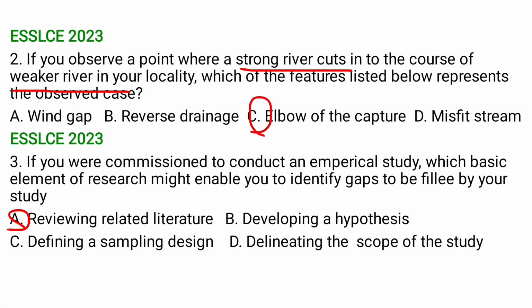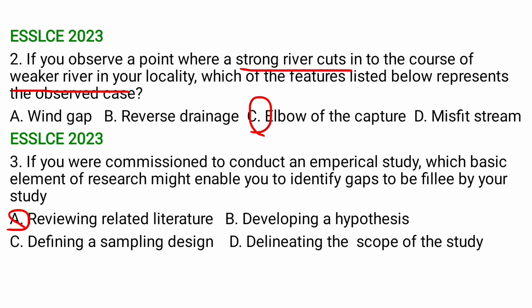The national Ethiopian Secondary School Leaving Certificate entrance exam asks: if you observe a point where a strong river cuts into the course of a weaker river in your locality, which of the features listed below represents the observed case?